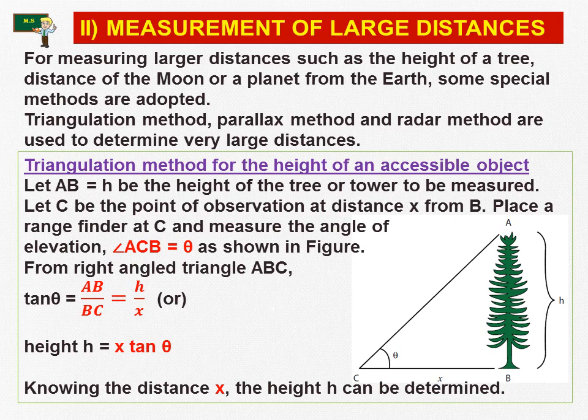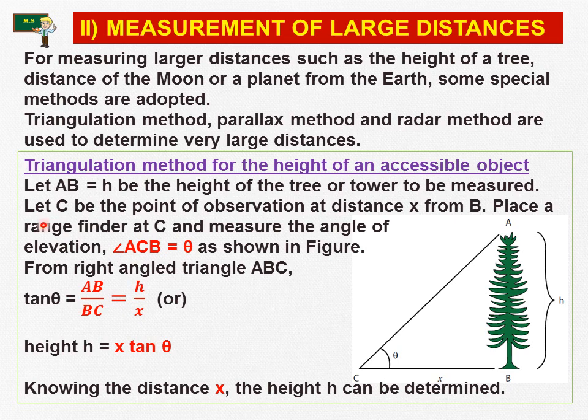Someone would tell, sir, let's go to the top of the tree and tie a rope there, and if we drop the rope down, we can measure. It's not easy to climb each and every tree to measure. There are very easy methods to find the height of a tree or a tower, anything. Let's see how we can measure.